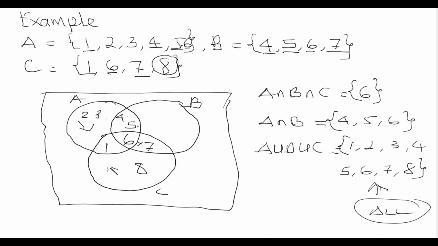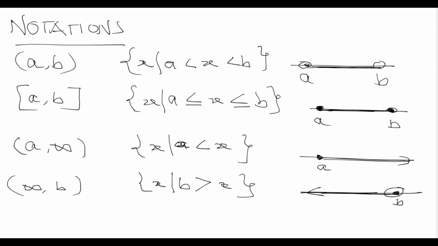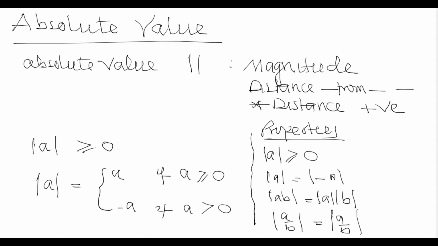We also went on and did an example of the same. And then we also looked at the intervals, their notation. And then we looked at the absolute value, just briefly, just reminders of our algebra. So we looked at all these various aspects.